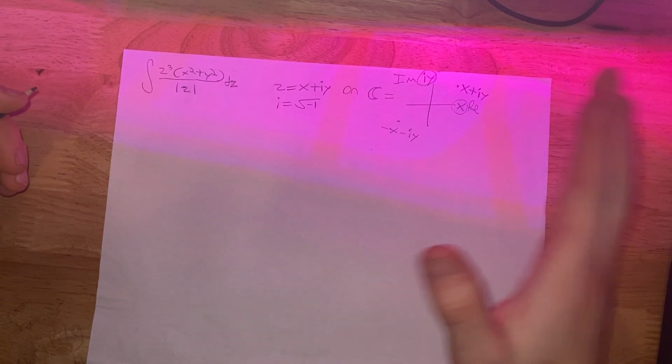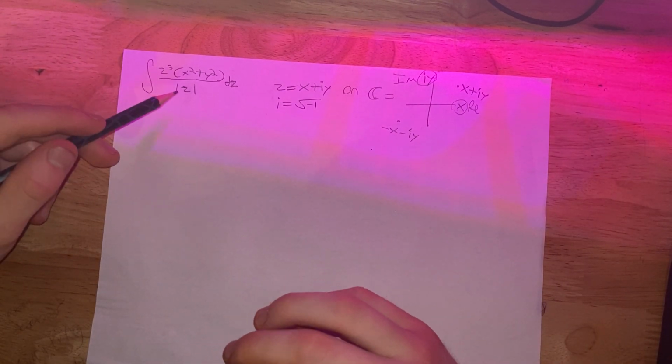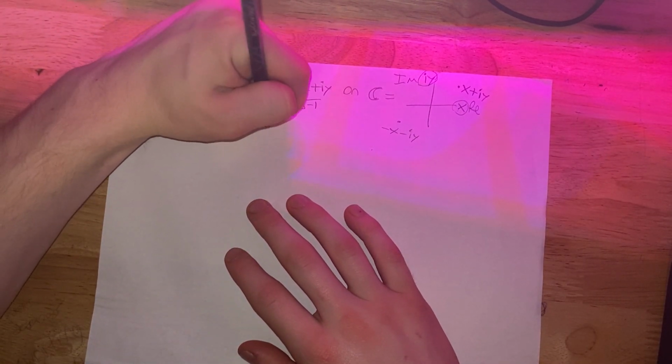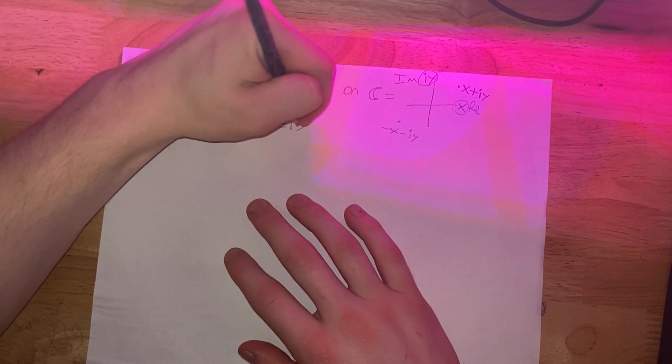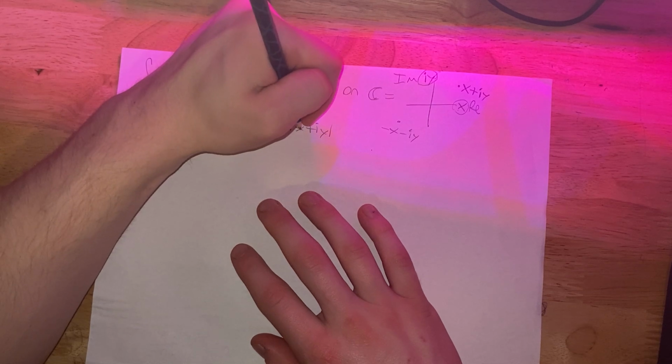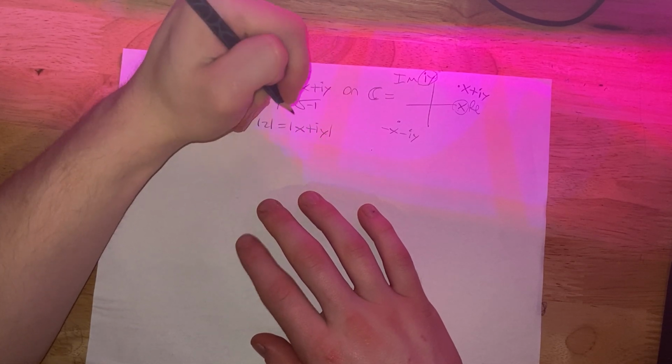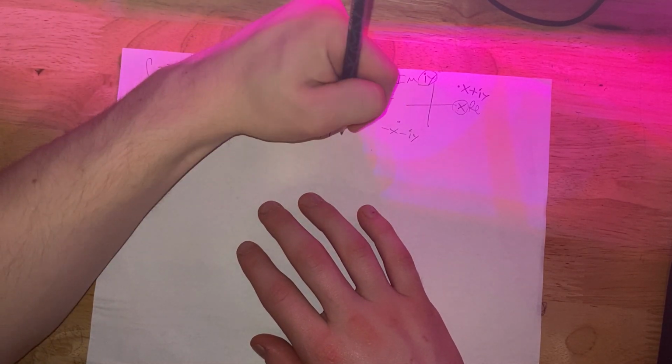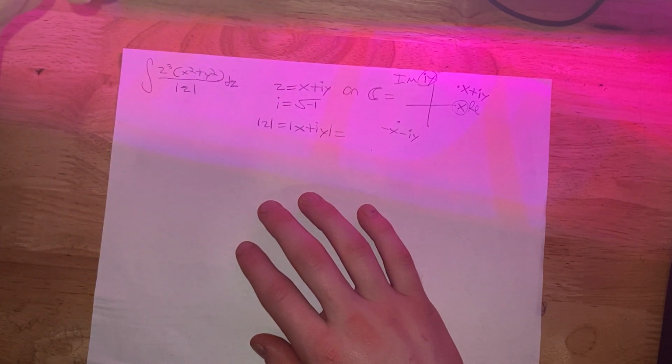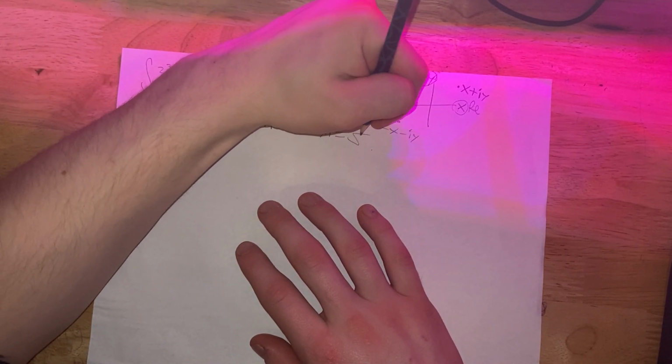So why does all this context help us? Because the absolute value of z is the absolute value of this, and the absolute value of any coordinates will be equal to the distance from the origin of those coordinates.